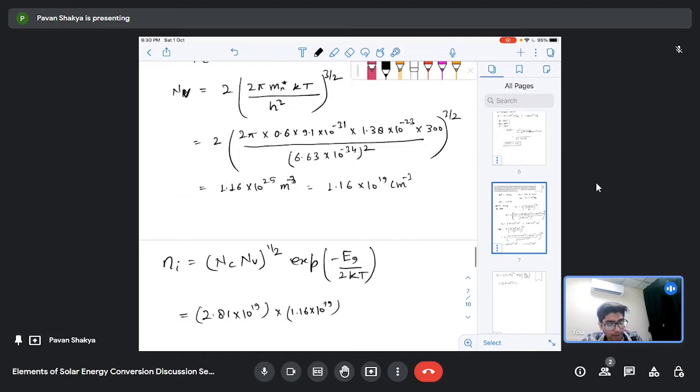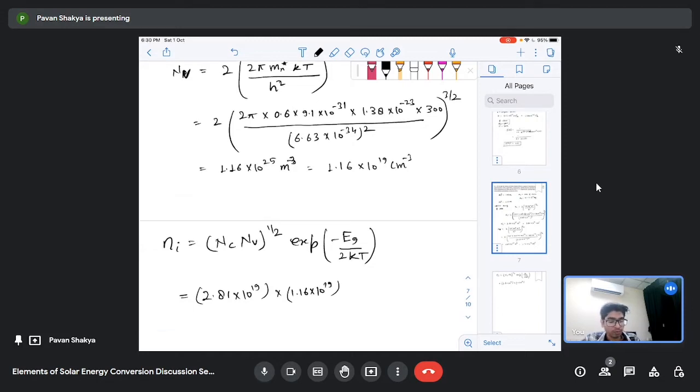I am taking the values in terms of per centimeter cube, so this Ni value, that is the concentration, will also come out in number of holes or electrons per centimeter cube. This whole term is to the power half, and in the exponential it will be minus Eg.